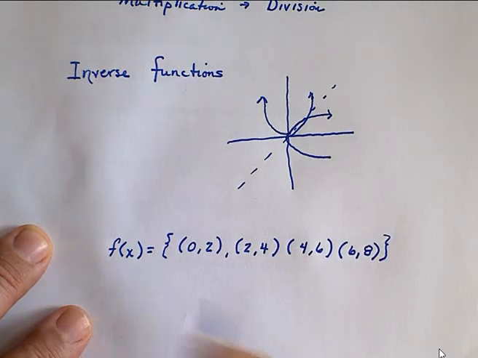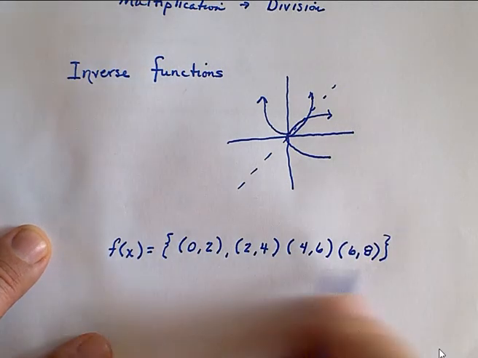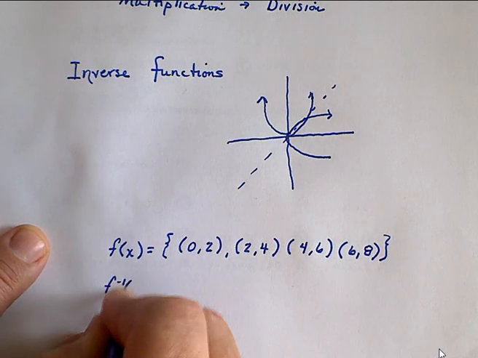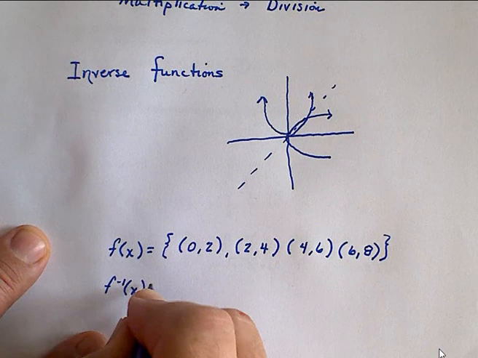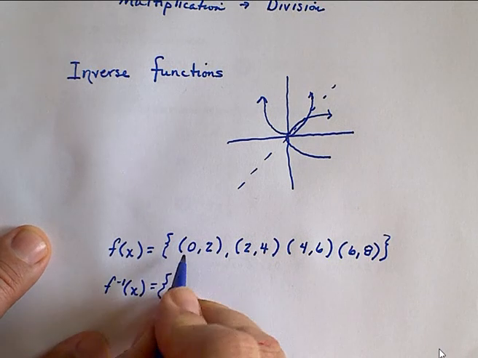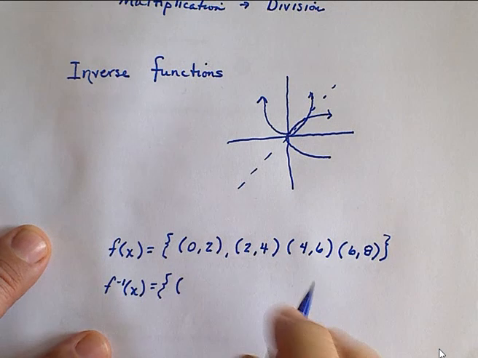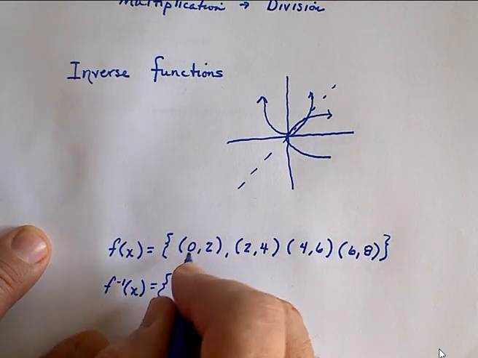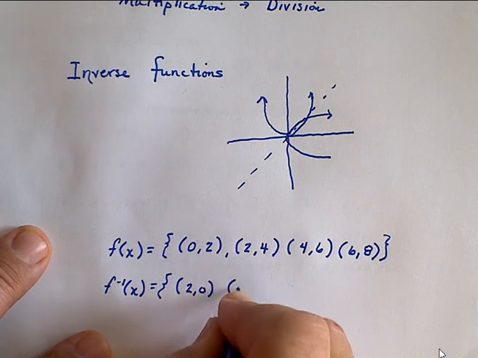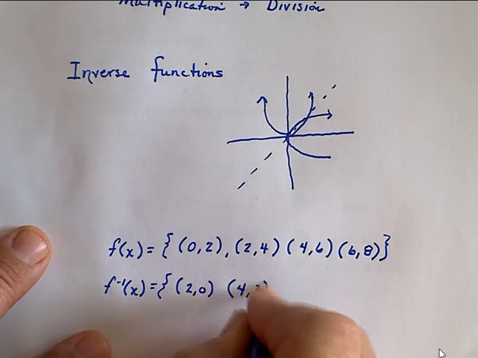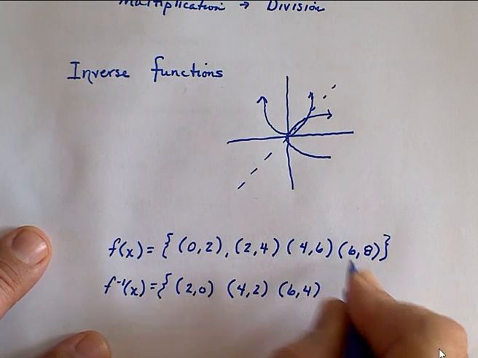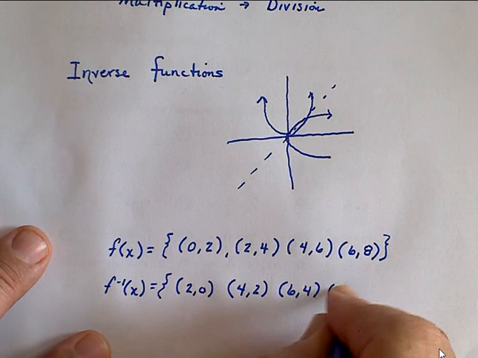Now, the inverse to that particular function can be found by switching the x and y coordinates of each ordered pair. So (0, 2) becomes (2, 0), (2, 4) is (4, 2), (4, 6) is (6, 4), and (6, 8) is (8, 6).